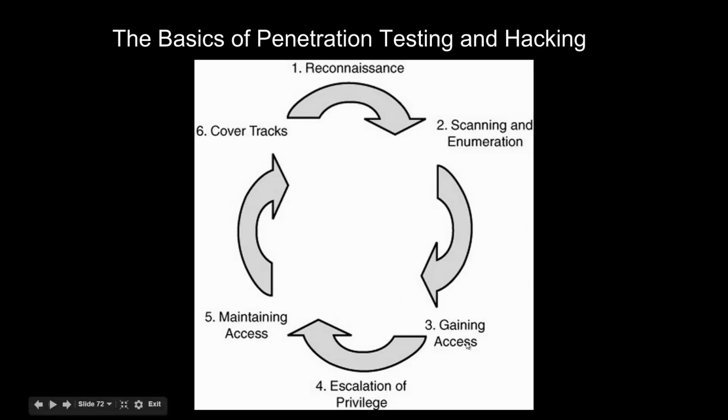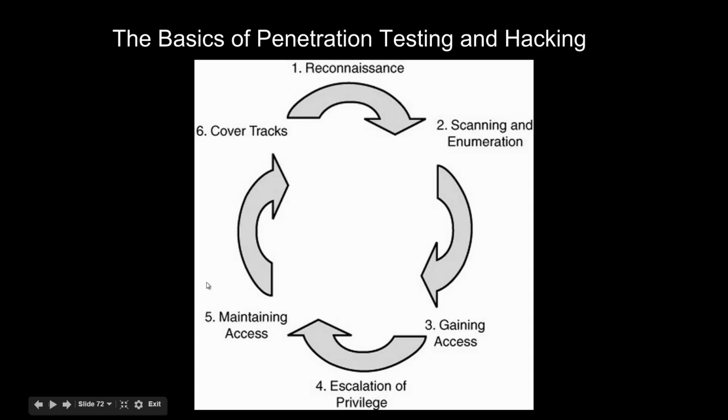Step 3 is exploiting one of those attack vectors and vulnerabilities in them and gaining access to a target system. Step 4 is, once you've gained access, to escalate privileges, either by credential reuse or further exploitation of vulnerabilities or improperly configured security mechanisms.